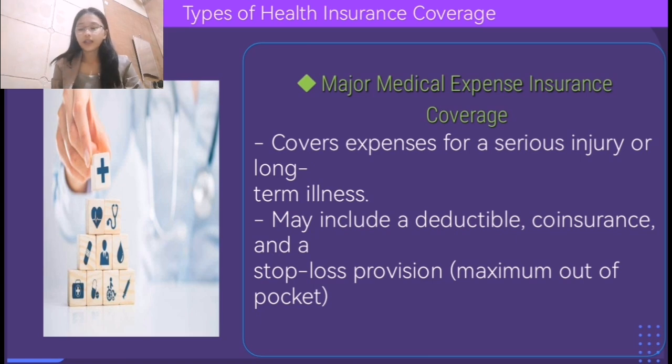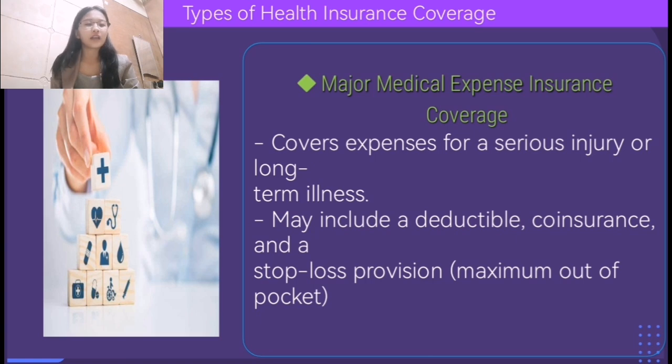So si major medical expense insurance, mas malaki yung coverage na gina-provide niya rather than basic expense insurance coverage. But this type of coverage isn't cheap because yun nga, malaki yung coverage na gina-provide nila. Of course, malaki din yung premiums na babayaran.